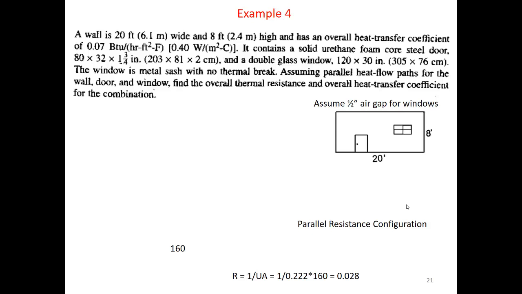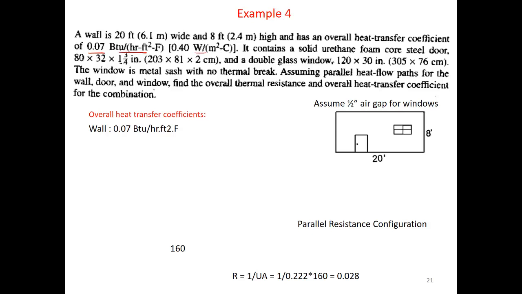It has a door and a window. The wall has a U value of 0.07 given here, or if you want the SI, but we're going to do the English units.